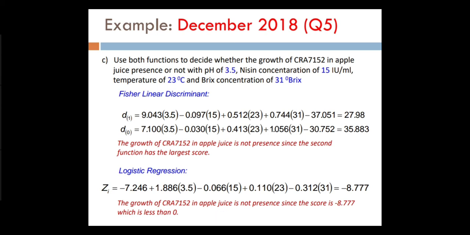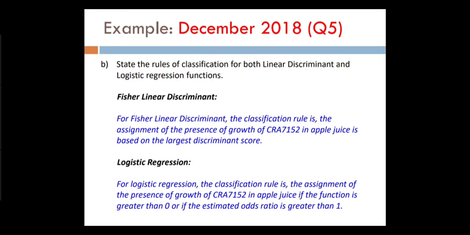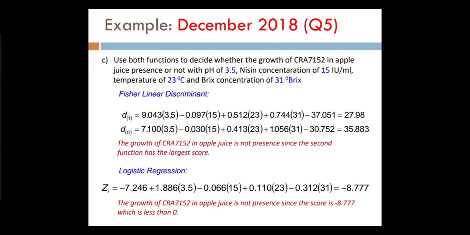Or one more method for logistic is to use the odds ratio, which is e power of negative 8.777. If e power of negative 8.777 gives more than one, we classify to the first group, presence. If you get less than one, you classify into the second group, which is not presence.